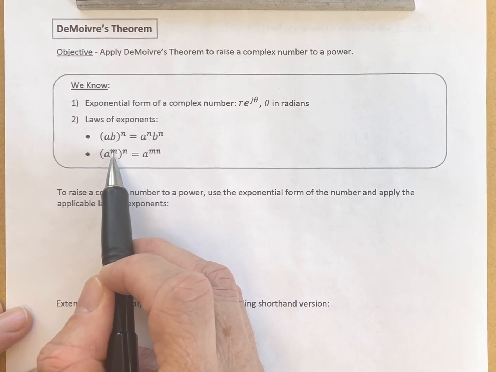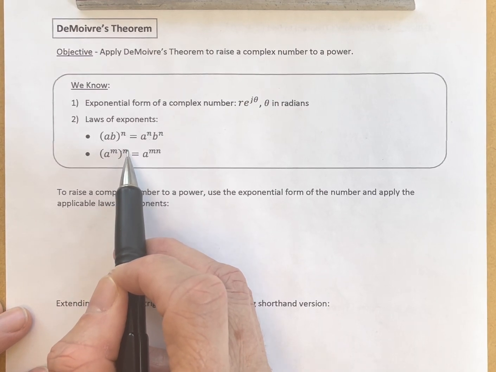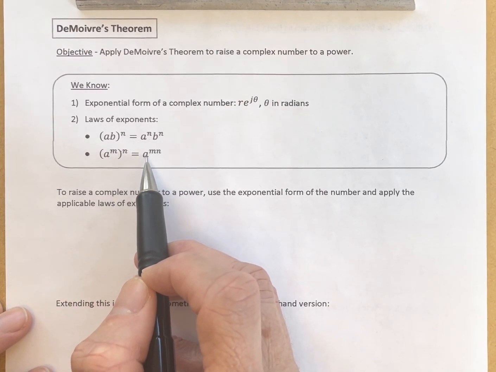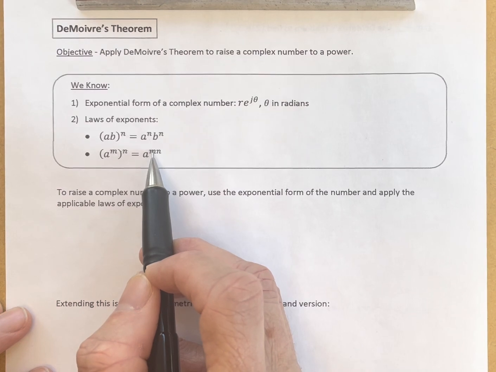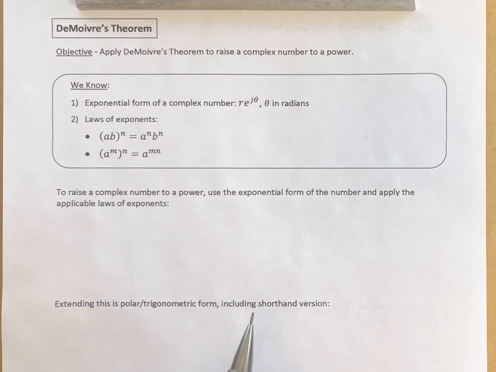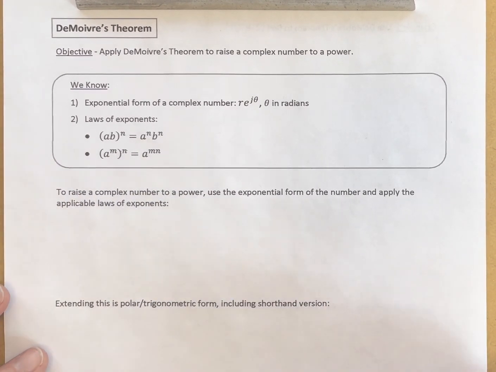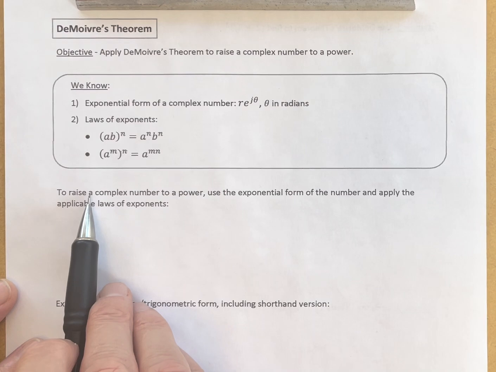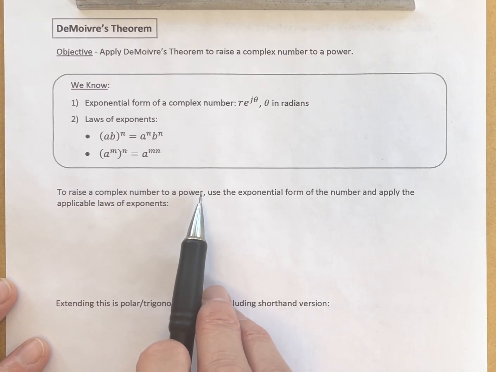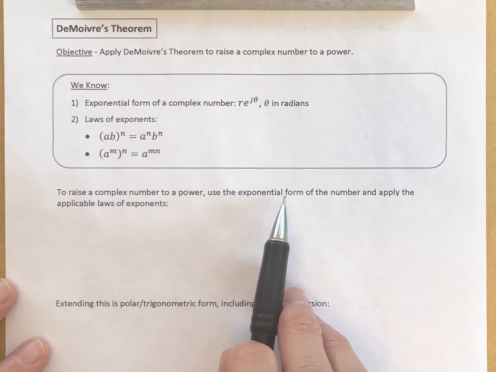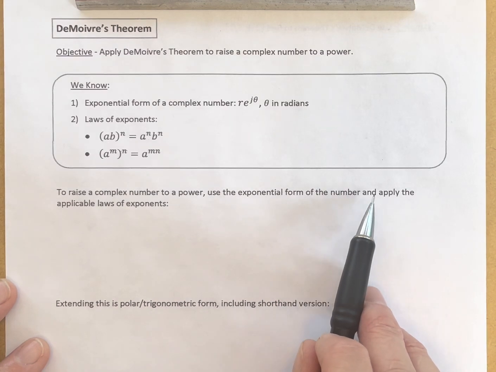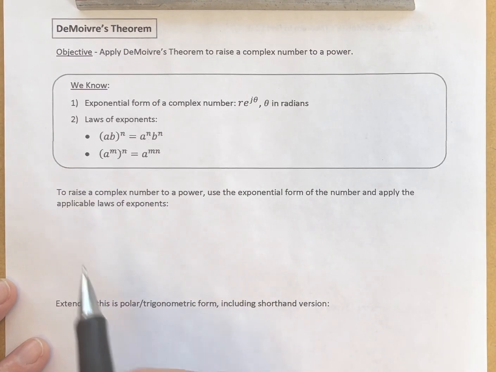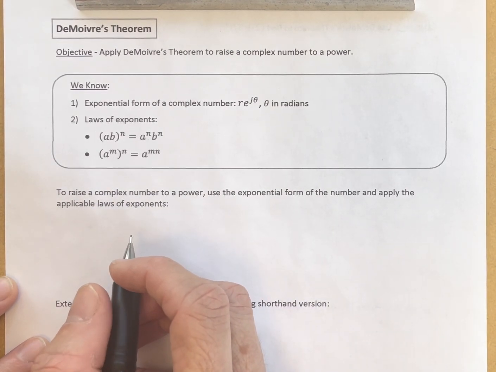And (a^m)^n is equal to a raised to the product of m and n. Okay? So we're not going to get too much into where all this comes from. We just want to make use of this theorem to raise a complex number to a power. Use the exponential form of the number and apply the applicable laws of exponents.